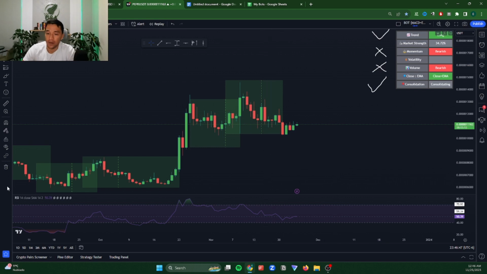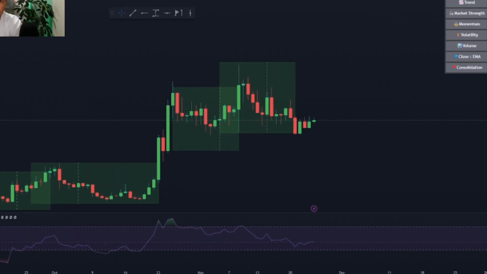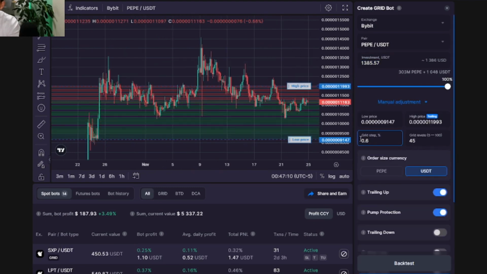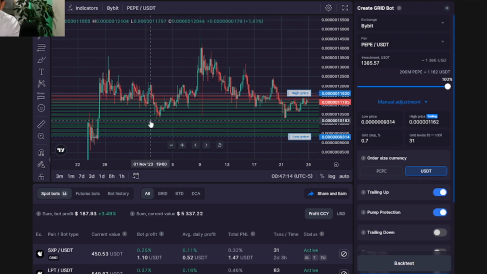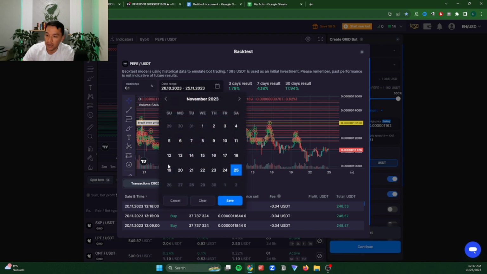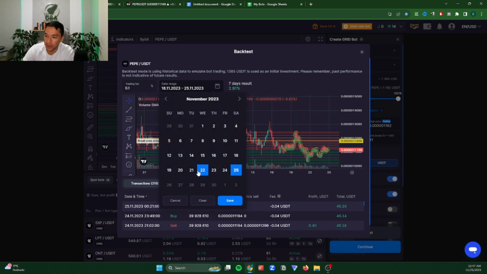So what I will do is go ahead and give it a quick back test inside Bitsgap and see how well it could have performed. So during the last 30 days, it would have made about 18%. And in the last week, pretty much, it could have made about 2.91%, which is very low.